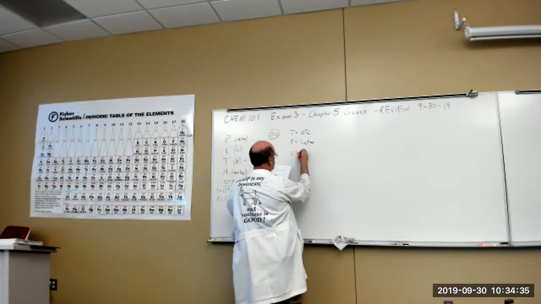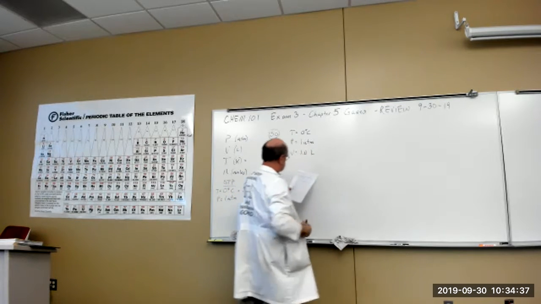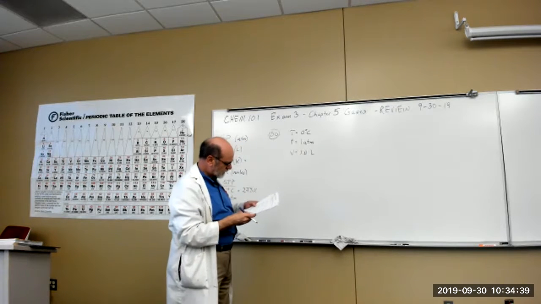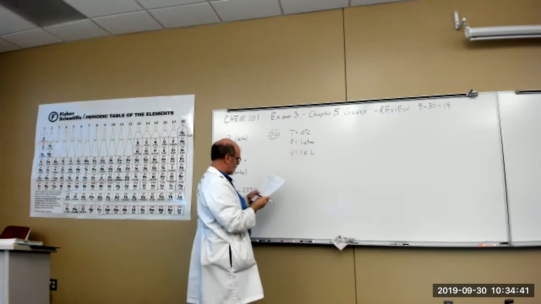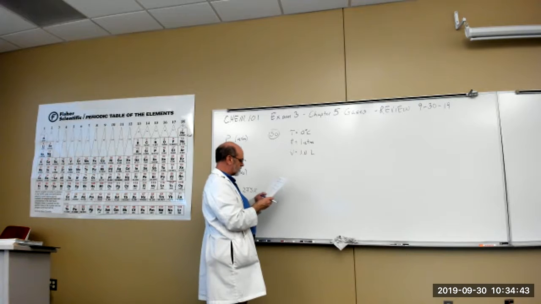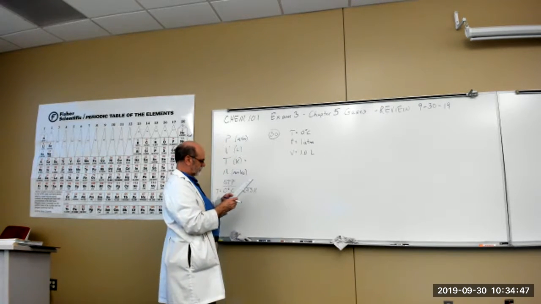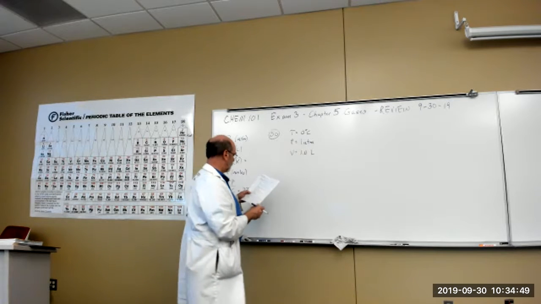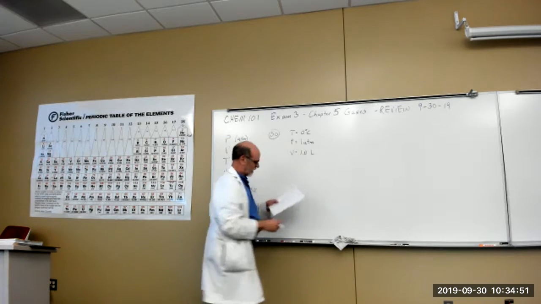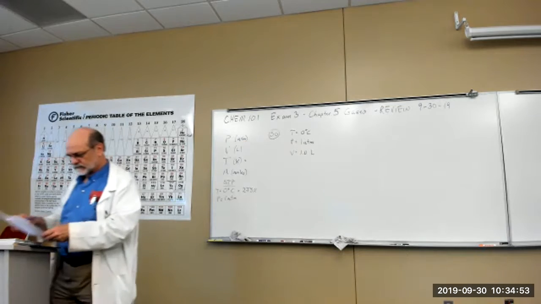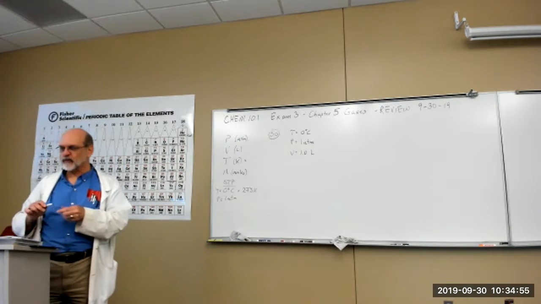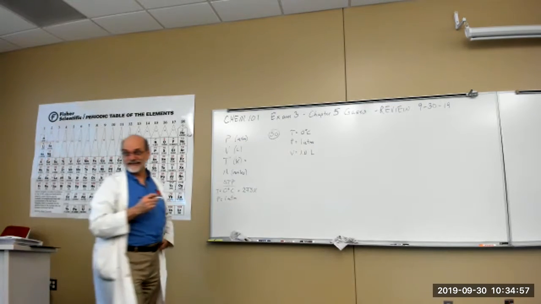And volume equals 1 liter. Okay. Now for 50, the actual question, for which gas are the collisions elastic? Oh, well, okay. I don't even need to write those up there. What do we mean by elastic? That's your question, isn't it?